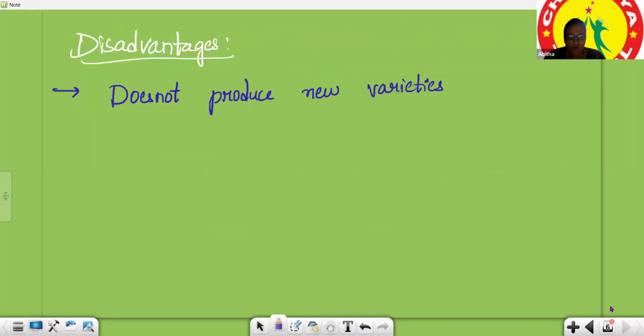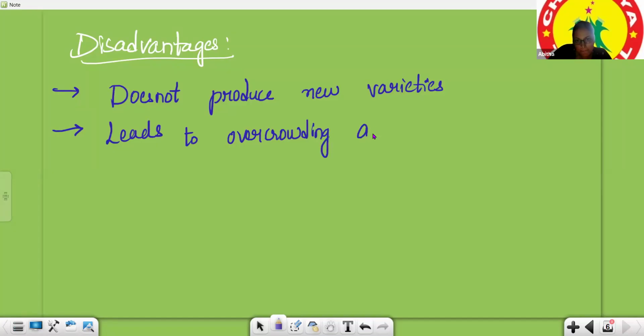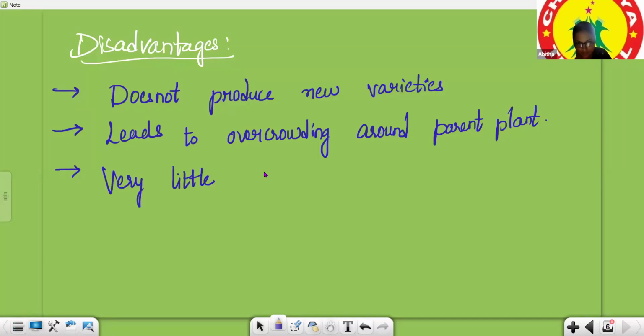Yes, ma'am. Okay, so it does not produce new varieties, and next we can also say it leads to overcrowding around the parent plant. Okay, next, very little possibility of dispersal.